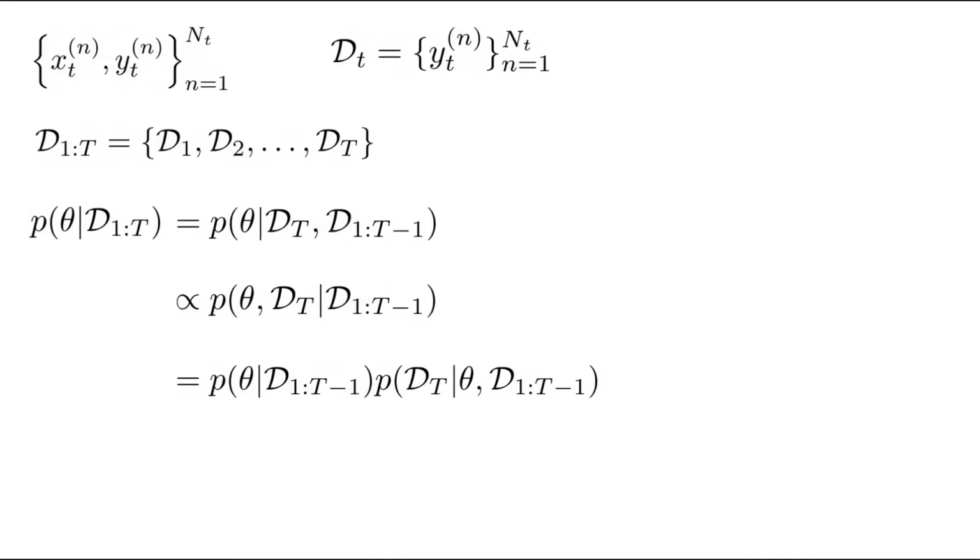We can eliminate the dependence on all the previous datasets for the second term, because all datasets are independent. Now what we have here is a very useful result, because we have defined a recursion where the current posterior is simply proportional to the old posterior multiplied by the current likelihood.